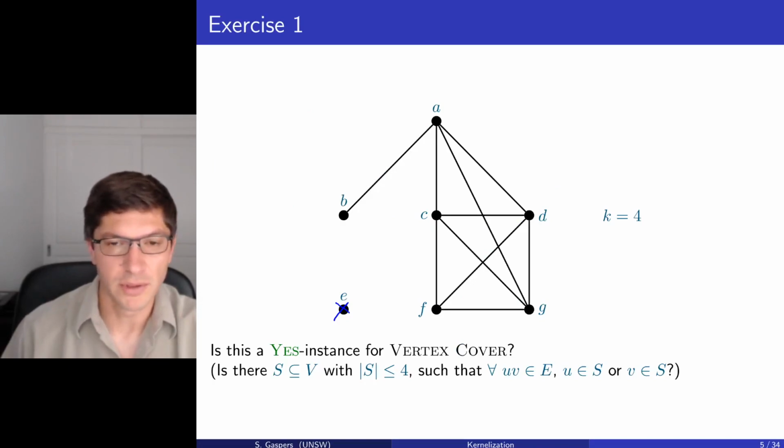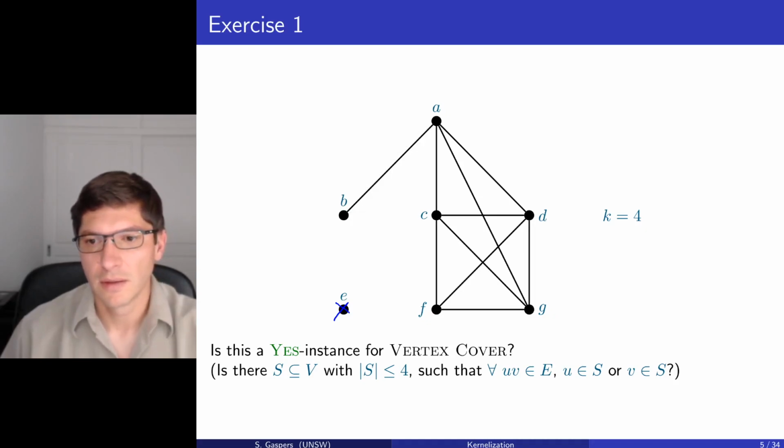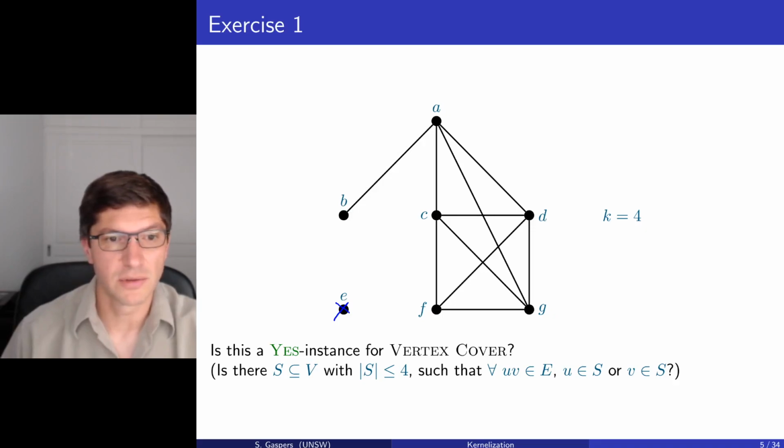We will never put it into a vertex cover, and we don't need to remember any information about E. So E had degree 0. We could easily handle it.